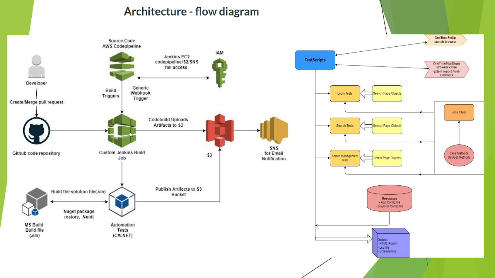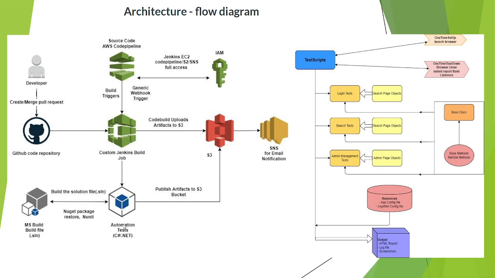Your Jenkins build job will be connected to AWS via source code AWS CodePipeline, and you can configure your AWS CodePipeline using IAM, Identity Access Management, and using an EC2 instance, Jenkins EC2 instance, where you will actually run your Jenkins server. You can configure it so that EC2 can access your Jenkins, and CodePipeline can also access your Jenkins server inside the virtual machine.